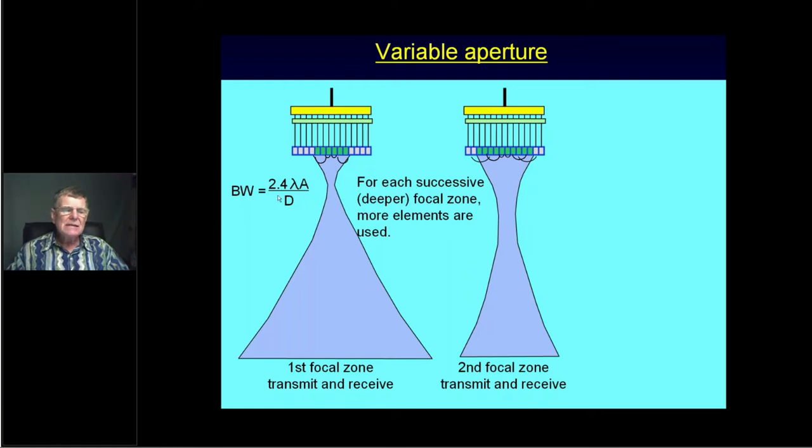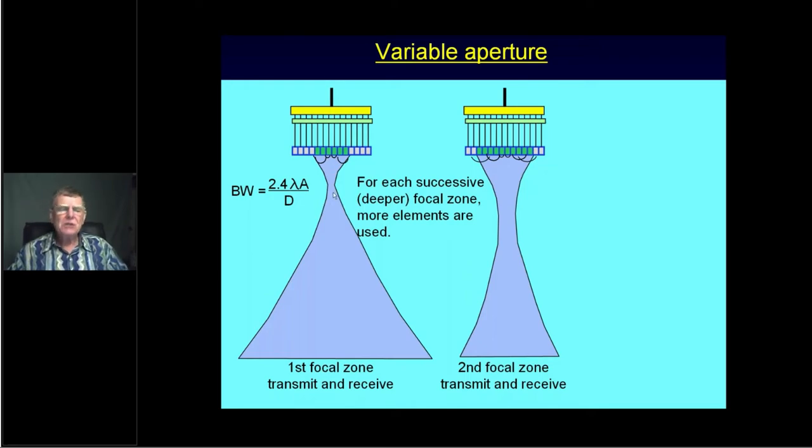The problem is that if you use a small diameter aperture on your transducer, which is what D is here, if this becomes small, as shown on the first image over here, beam width increases because it's below the equation line. Therefore, if you decrease the aperture, the beam width at the focal point is going to be wider than what it could be if you used a wider aperture.